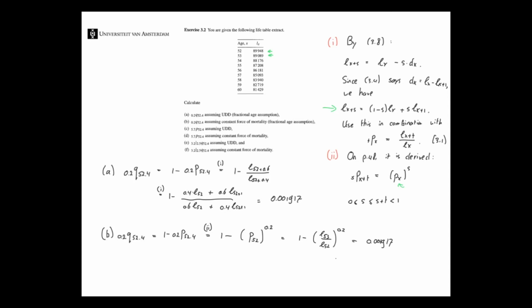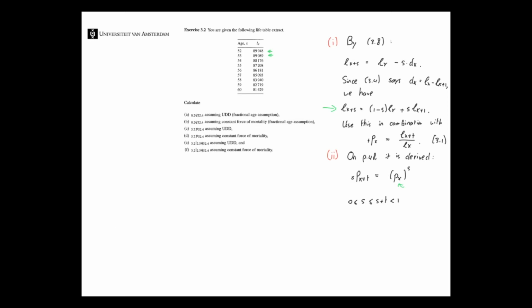And we will do a similar thing for questions C and D. So let me remove this now. In question C, we have to compute a survival probability using the UDD, Uniform Distribution of Death. So we have to compute that somebody aged 52.4 survives for 5.7 more years.